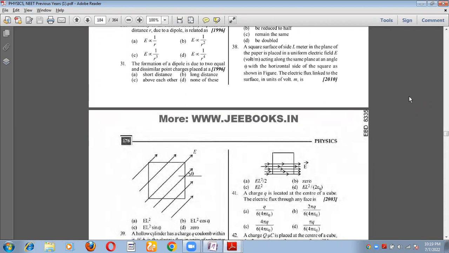The electric flux linked to the surface is, means we have to find the electric flux.